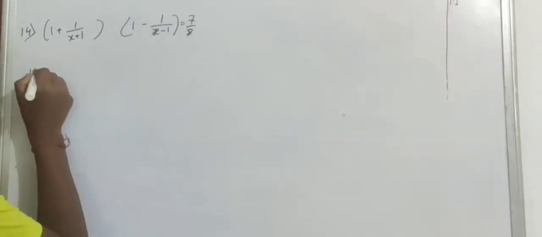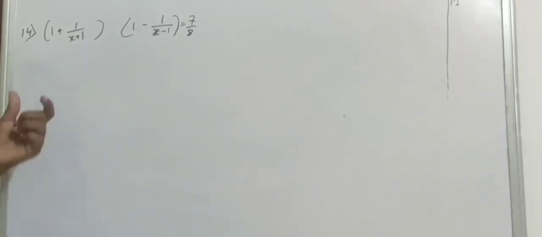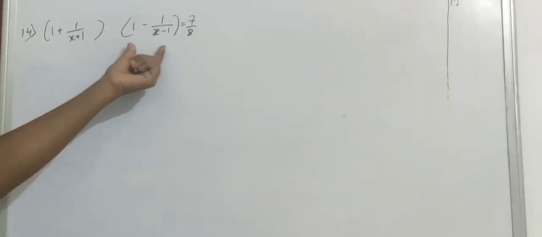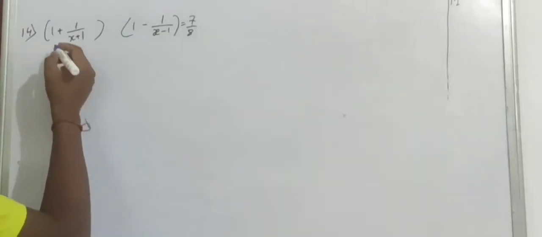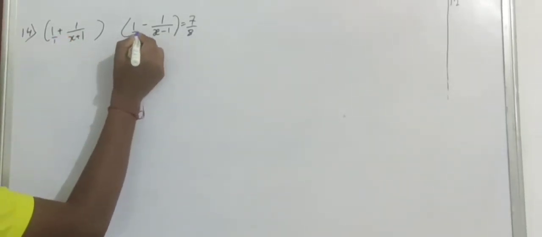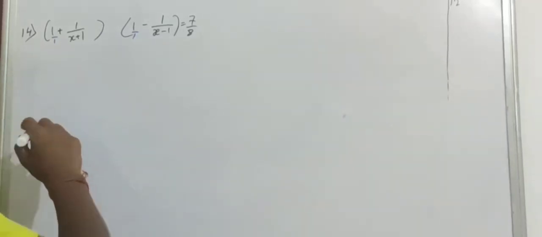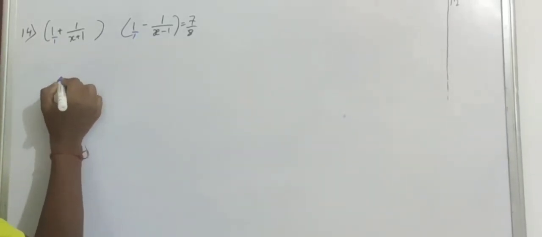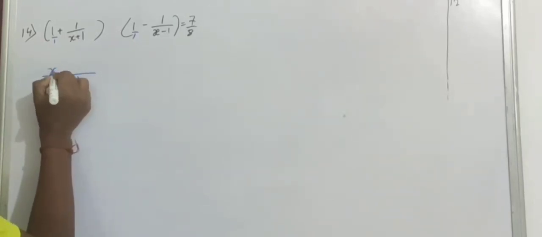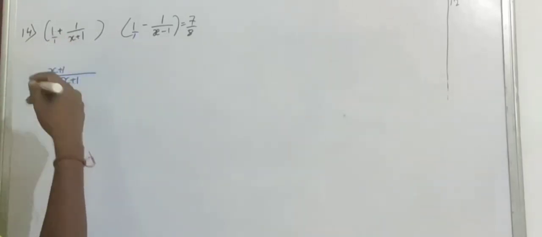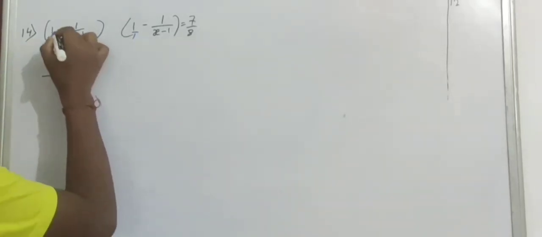In this question, first we have to take the LCM of this and this on the separate terms and solve. This will be by 1 and by 1. So solving x plus 1 as the denominator, above will be x plus 1 into 1. So it will be x plus 1 plus 1 this term.